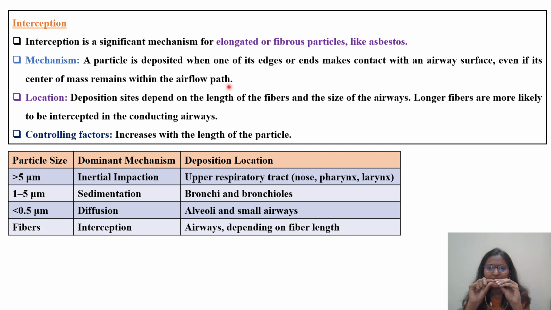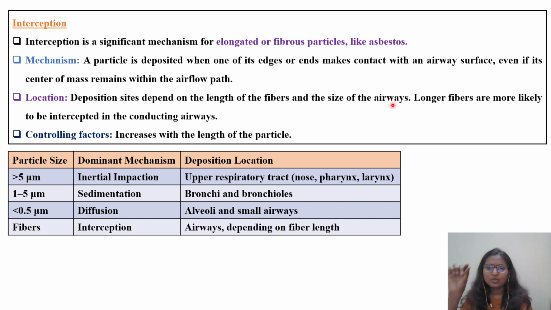For example, this is a long elongated fiber. One end is attached to the airway, even though the major part of the body of this particle has higher density. Still, since one part is attached to the airway, it will remain attached. That means it follows interception. Deposition sites depend on the length of the fiber, the longer the fiber, and on the size of the airway.